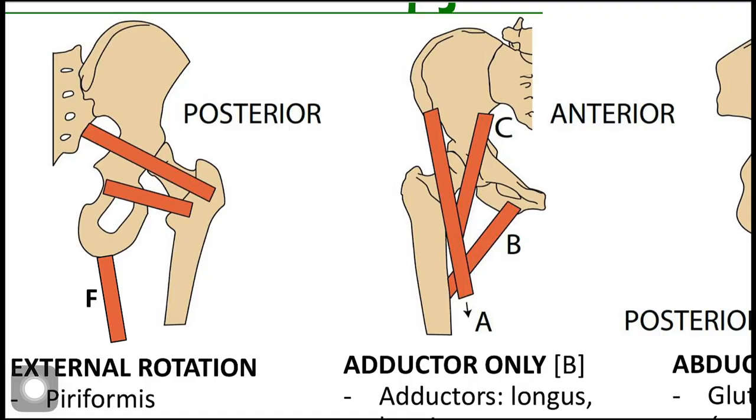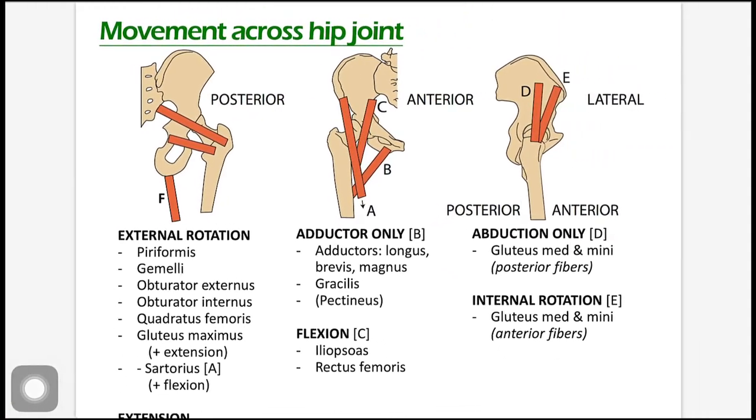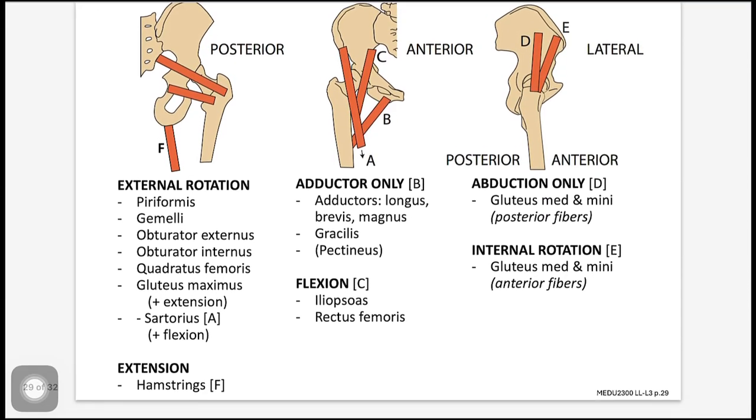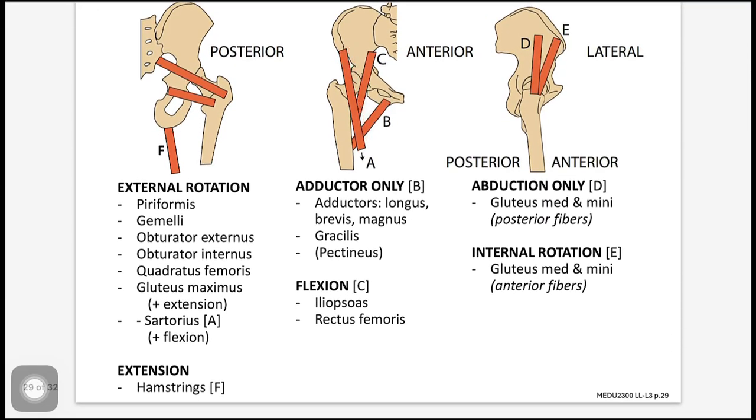Okay, so let's take a look here. I won't call the names one by one. You can read it by yourself, okay? But you should have very rough ideas about where a muscle starts and where it passes relative to the hip joint. So think in this way: from the front, the anterior, we are talking about flexion.